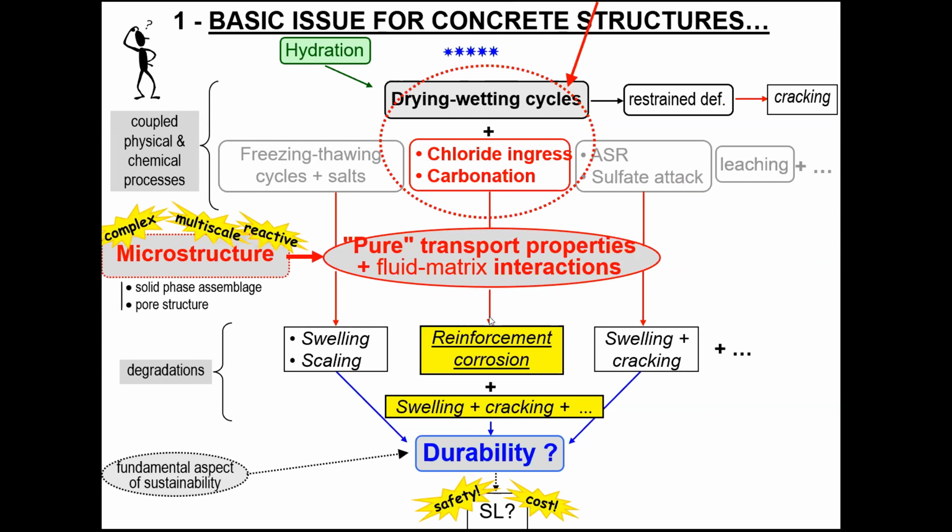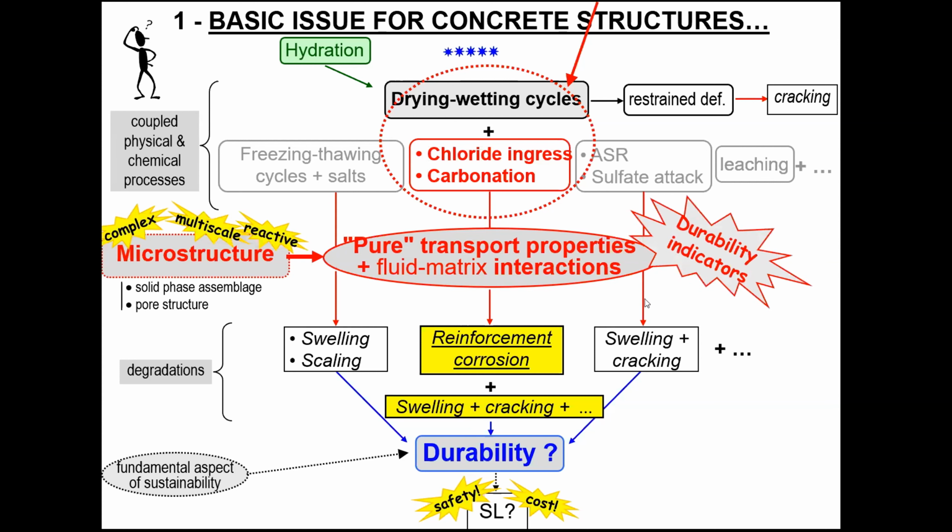So in order to see how these degradations are happening, as expected, the magnitude and the kinetics of these processes and of the degradation are linked to the microstructure and the pore transport properties and the interaction between the aggressive species and the pore solution.